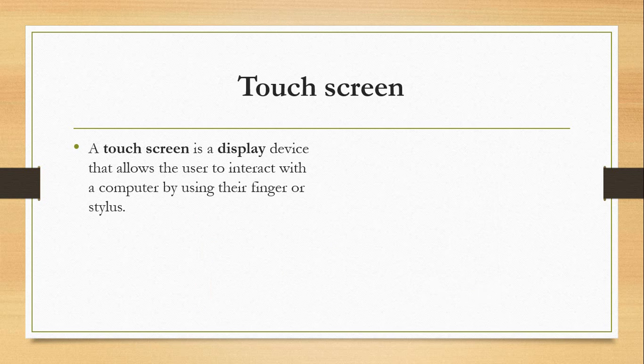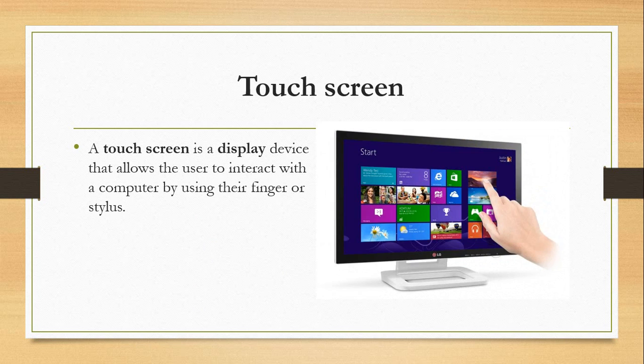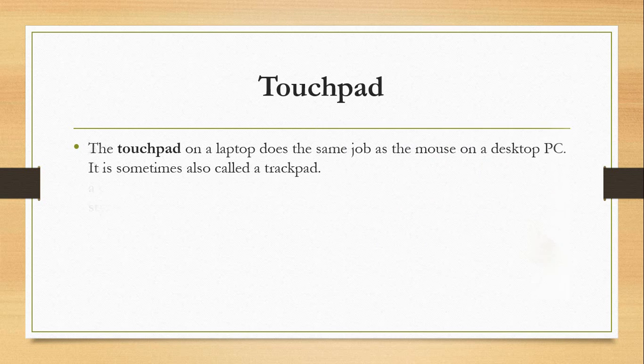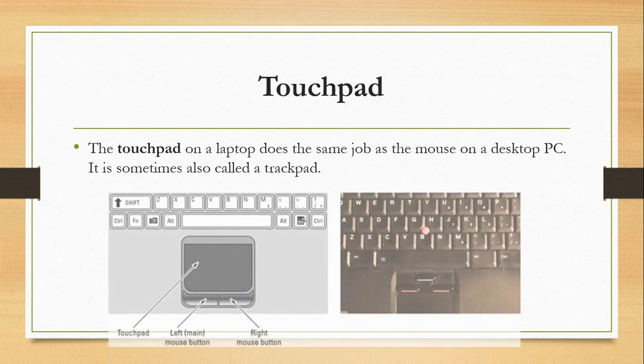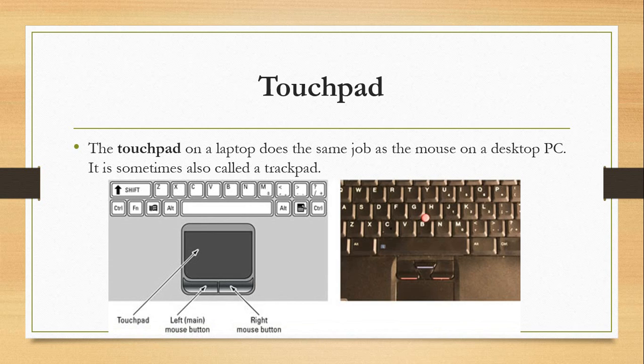A touch screen. This one is very common on your tablet and computer. You can use the touch screen as an input method. It allows you to interact with the computer by using fingers to select, like a stylus does. We have the touchpad.